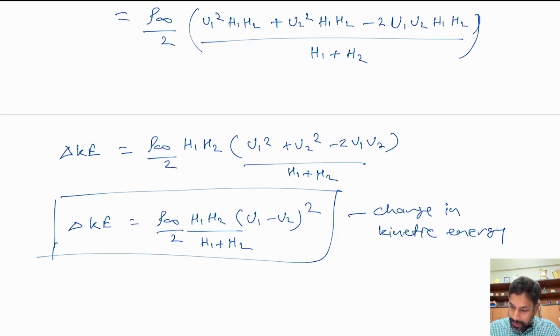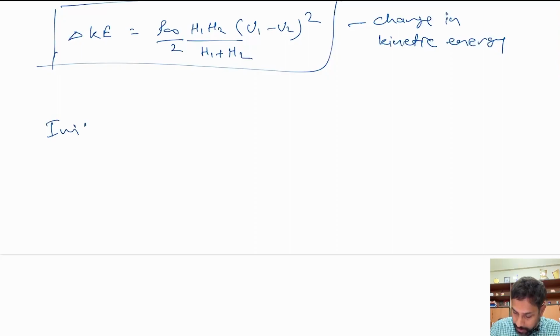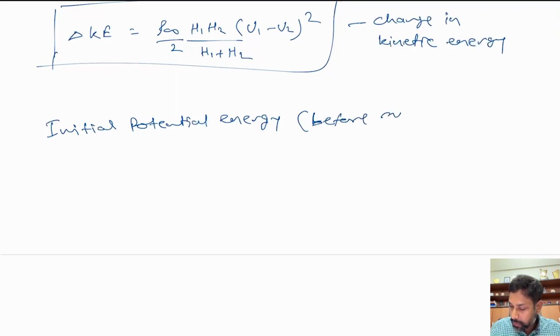So the potential energy is something that is simply related to rho g h. That is something what we know. Let's define the initial potential energy, that is obviously before mixing.